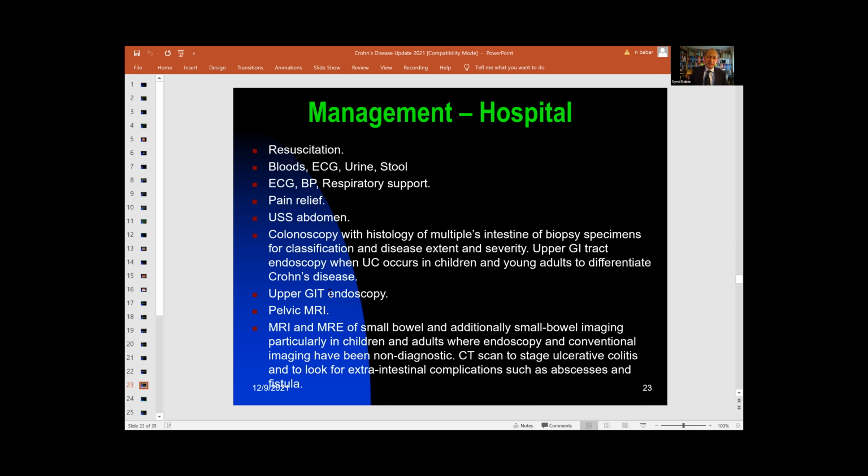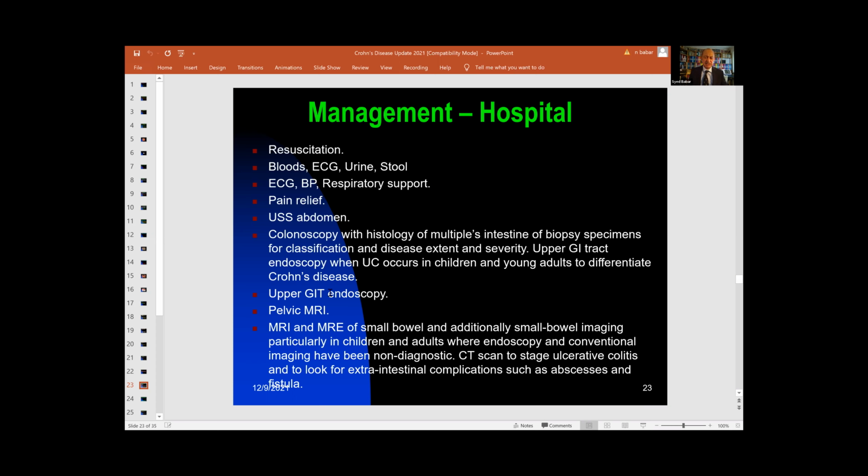Pain relief would be provided by appropriate analgesia, and we'll touch on the subject of pain relief and antidiarrheals in a minute. If it is considered safe, colonoscopy, otherwise CT colonography, and of course, magnetic resonance enterography can be done quickly after ultrasound scan of the abdomen.